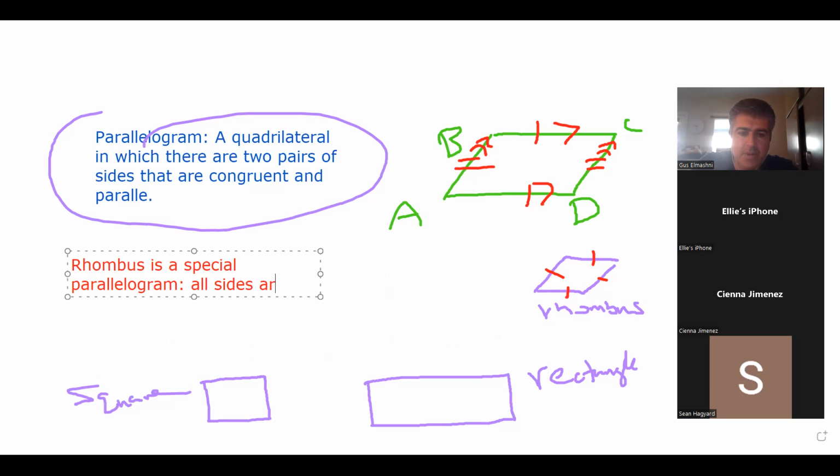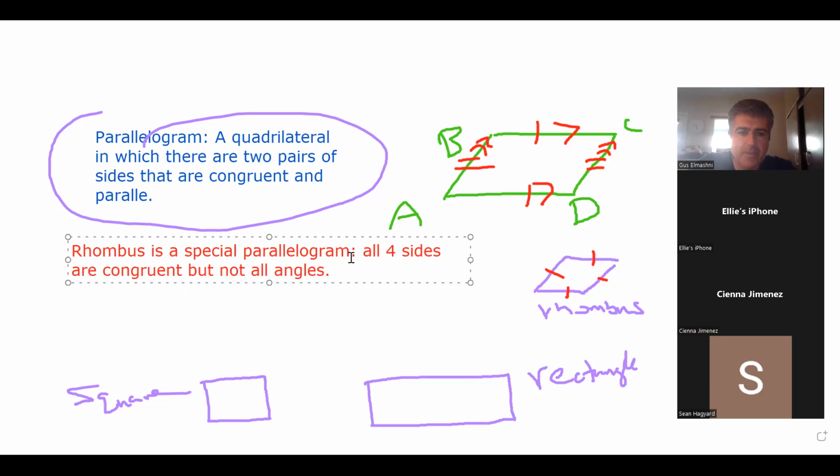All sides are congruent, but not all angles. And it's all four sides, not all four angles. Okay, that's what a rhombus is.